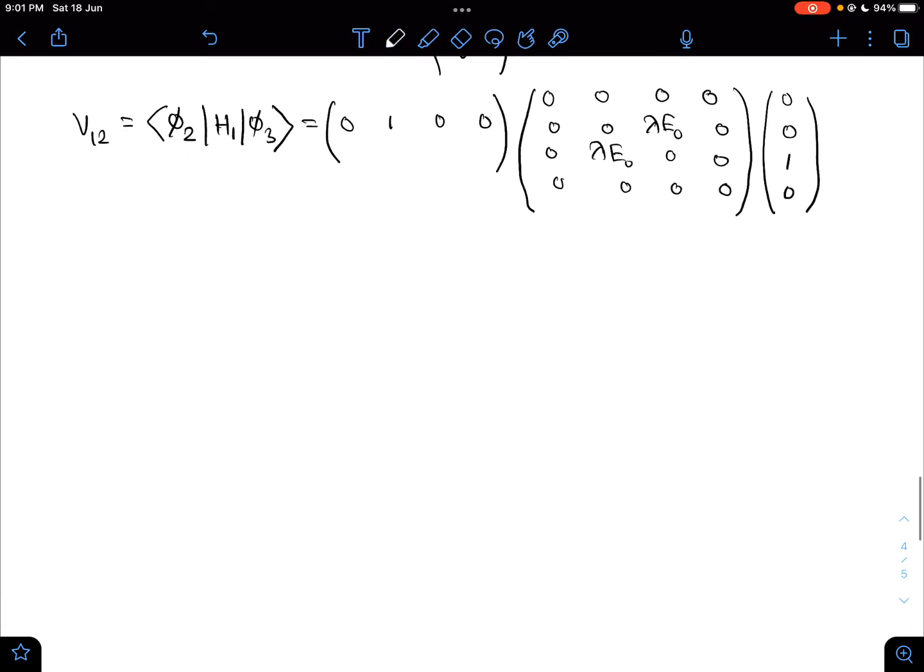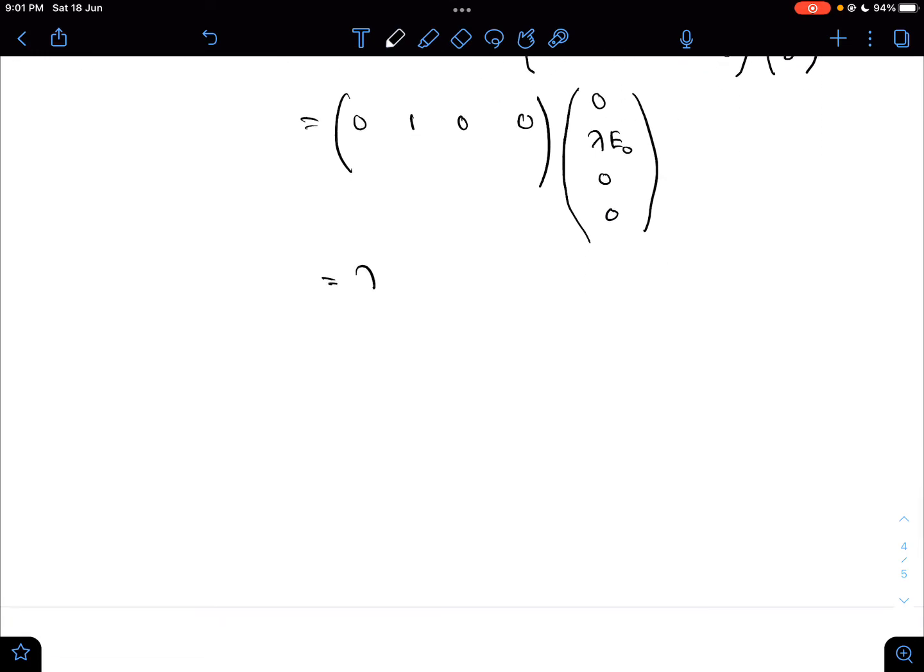If we do the calculation, we will get 0 1 0 0, and the first term will be 0, and for the second one we will get lambda, and the rest will be 0. So from here we will get lambda E0. And our V13, if we calculate, will be phi 2 H1 phi 4. So it will be 0 1 0 0.